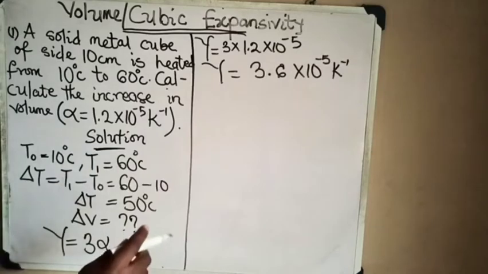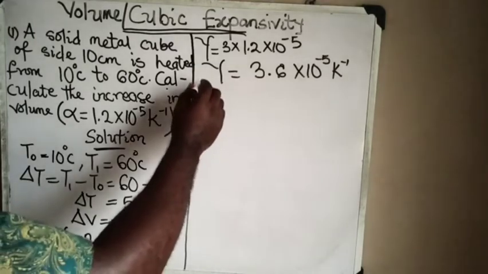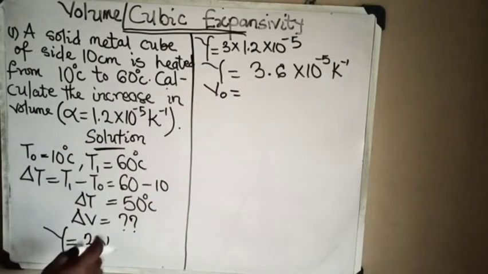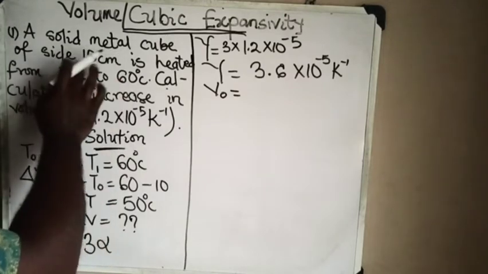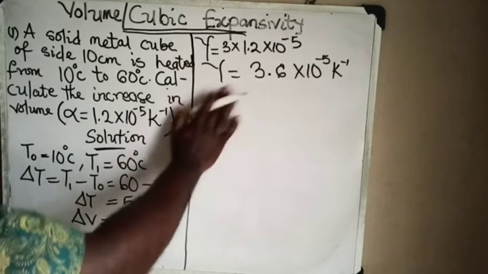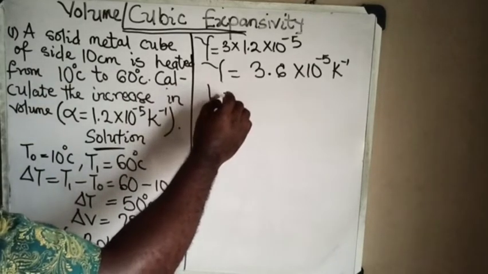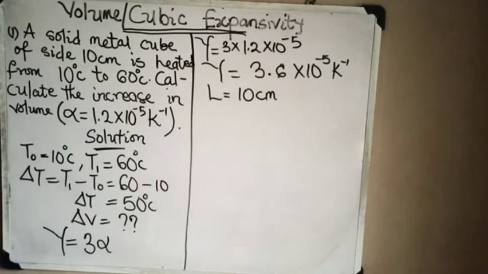Now there's one parameter which we are yet to get before we slot into the formula. That's the initial volume. From here, we are given the length of the side of the cube. The length is 10 cm. Now remember, this is a cube. How can we find the initial volume?